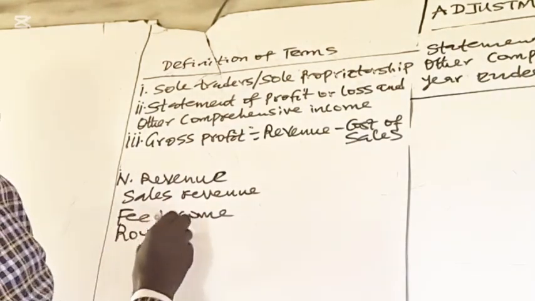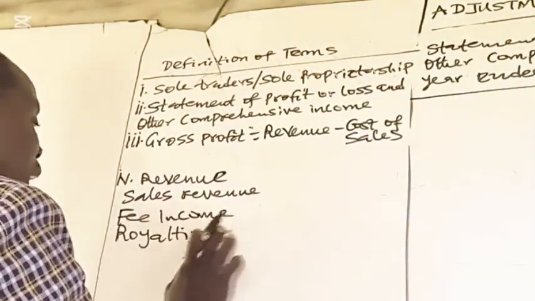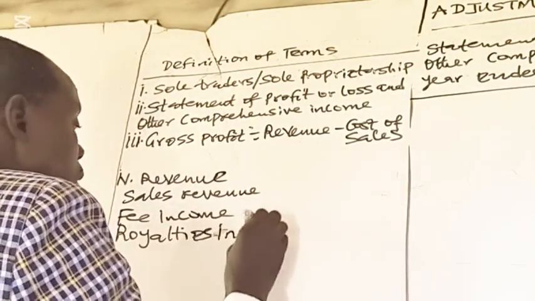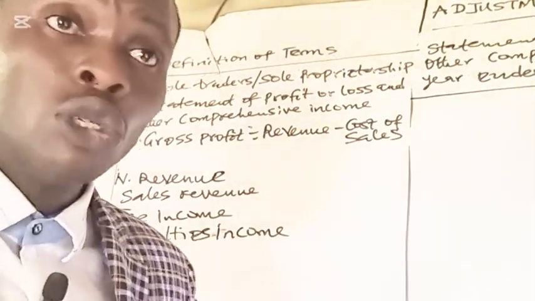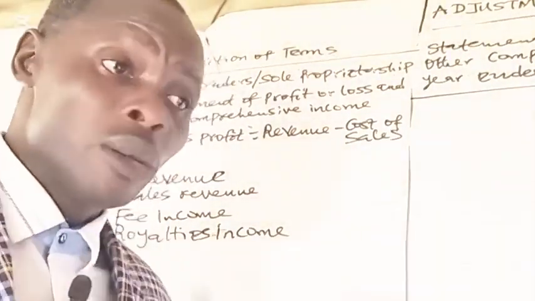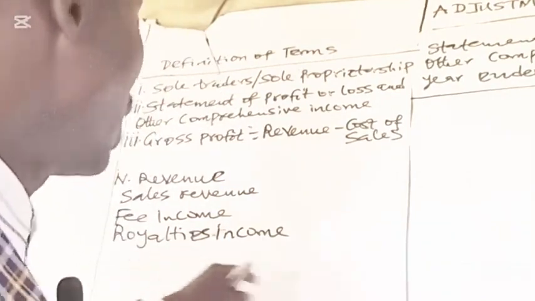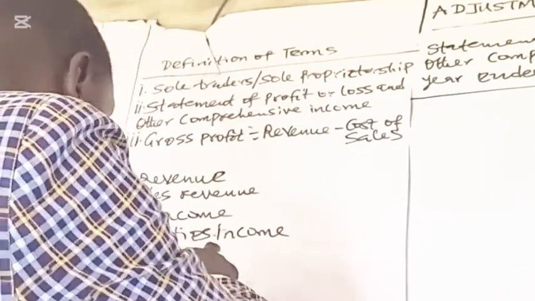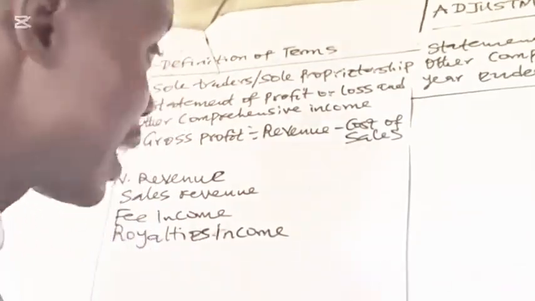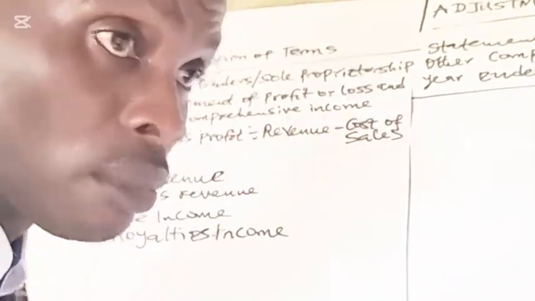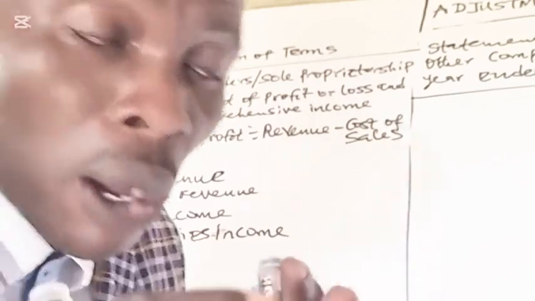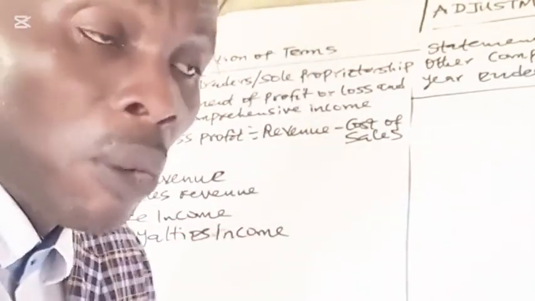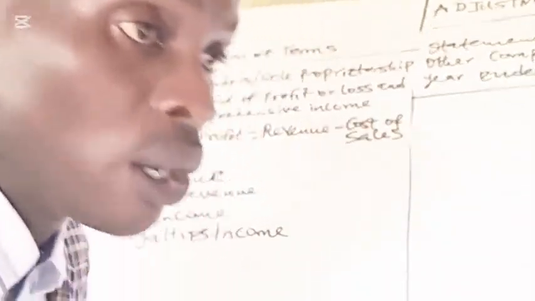Royalties. Where you give someone the right to use your properties, to make use of your assets, your resources, the remuneration payable to you as the owner of that legal right. It may be a copyright where you are an author of a book. You give someone the right to sell your books, to market your book on your behalf.